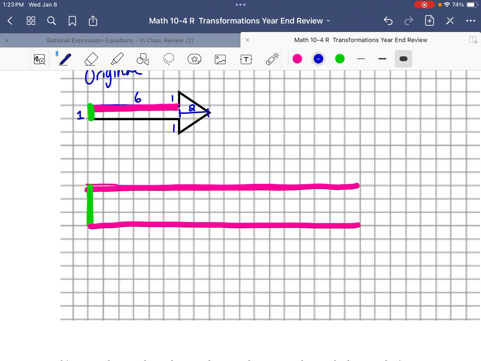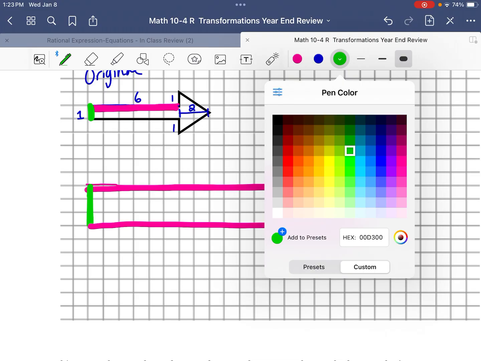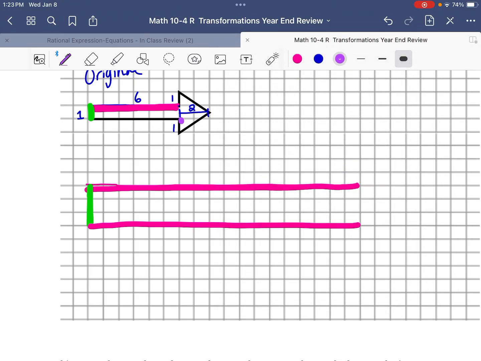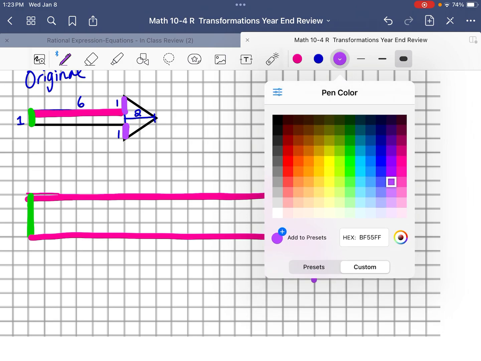And then let's pick another color here. Let's go with purple. All right, so these purple lengths are 1 in the original, so they become 3 in the new. All right, now the last portion that we need to come up with, what color are we going to do here? Let's go with red.